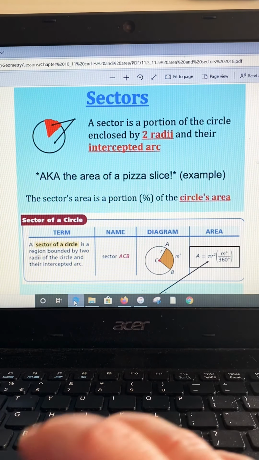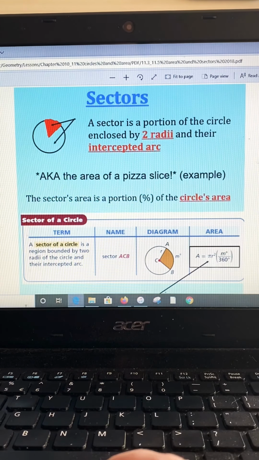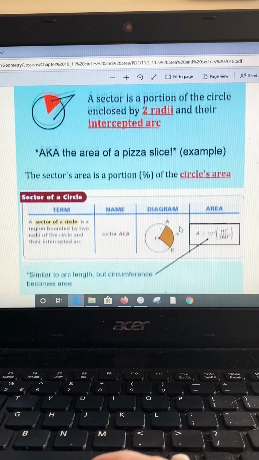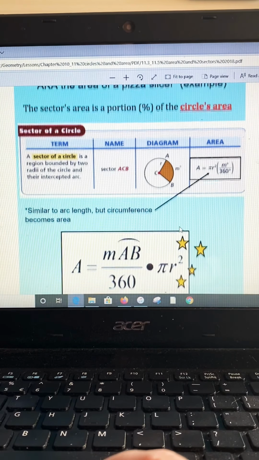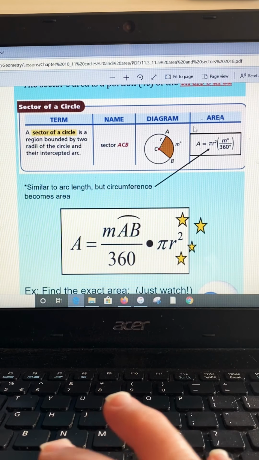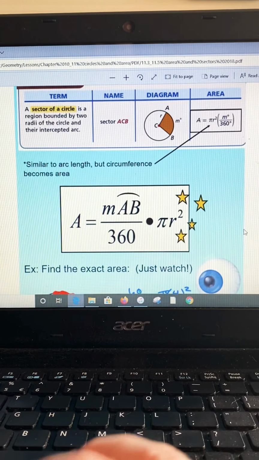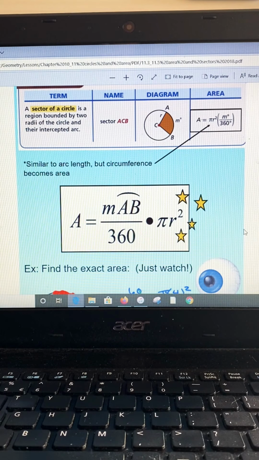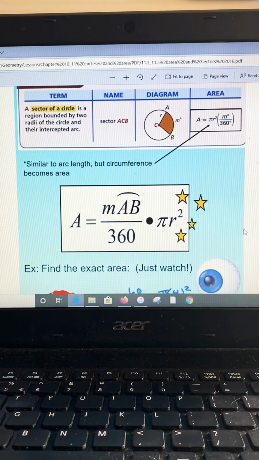Down here, this is what you would see in the textbook if you happen to look at it. You don't have to, but it's showing you the term in words, what it looks like in a picture, and then what the formula is. So what's the formula? It's very similar to what we use with length. You take the measure of the arc, in that case AB, which is just the letters they use in that particular example.